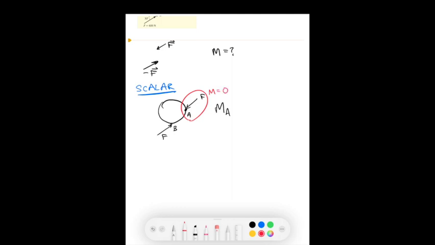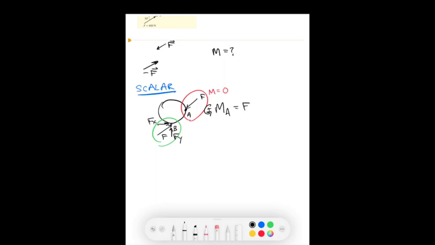Since it acts through the point A, that moment is equal to 0. And I only have to focus on this force down here. And so here we had the force in the y direction and the component in the x direction. And we'll call this positive according to the right-hand rule.